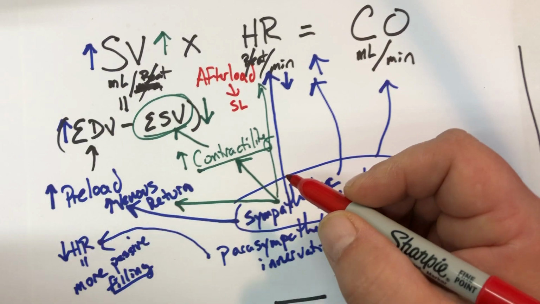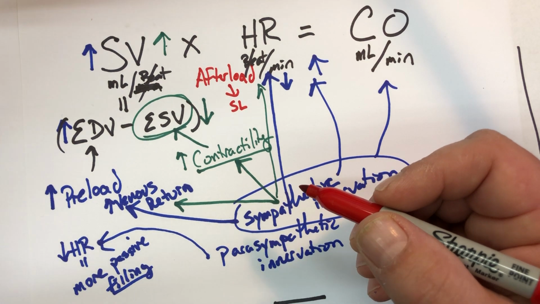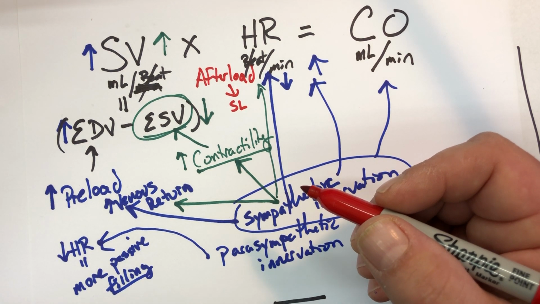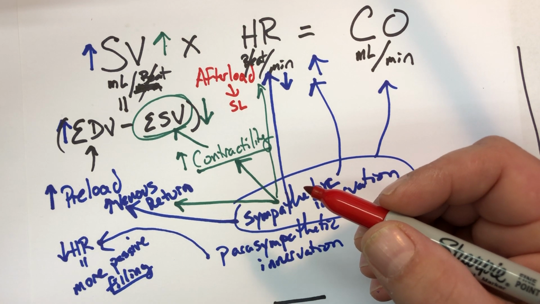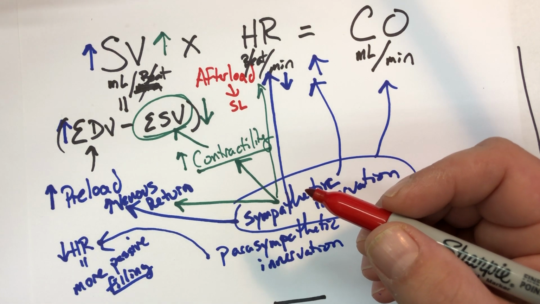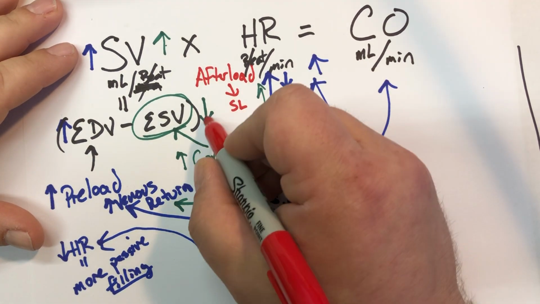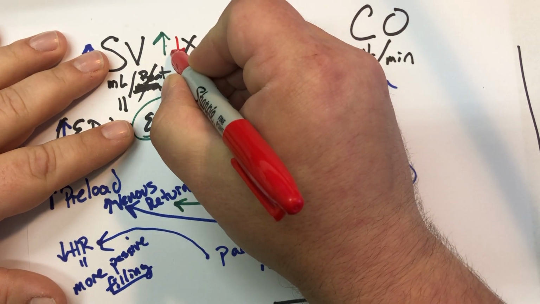So the ventricles have to increase in pressure in order for those semilunar valves to open up and eject blood. If there's a higher pressure in the aorta, meaning you have high blood pressure, it will take more pressure to open those semilunar valves, and as an effect, stroke volume will go down.